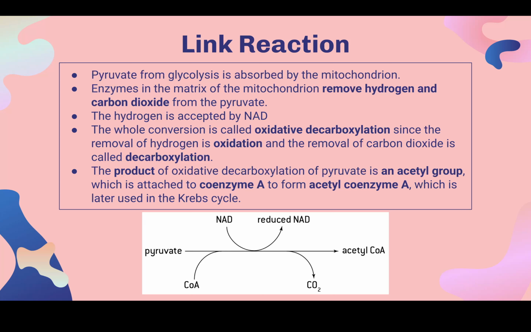So the pyruvate then becomes a 2-carbon molecule called acetyl, and then the acetyl gets attached to coenzyme A to form acetyl coenzyme A, which is what we use in the Krebs cycle later on.